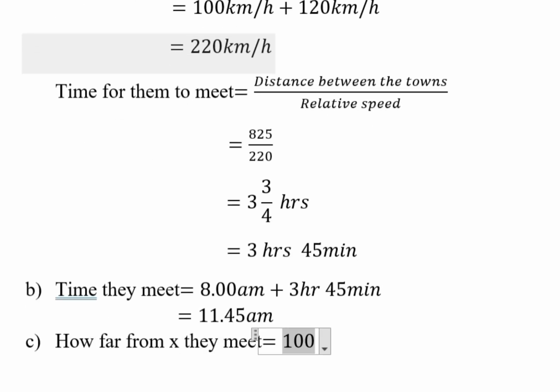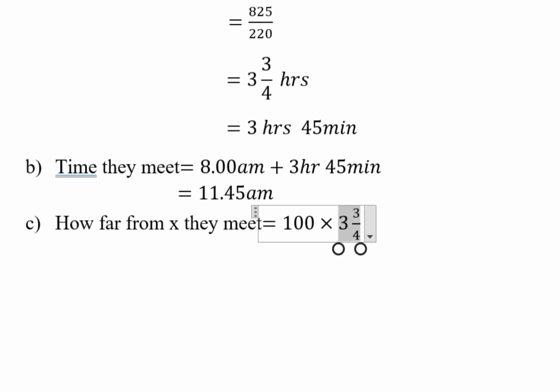That's the speed of the vehicle coming from town X, times how long it took before they meet, which is 3 hours and 45 minutes, or 3 3/4 hours. Let's use this one because it's already in terms of hours only. So it will be 100 times 3 3/4. For us to multiply this, that is the same as 100 times 15/4.